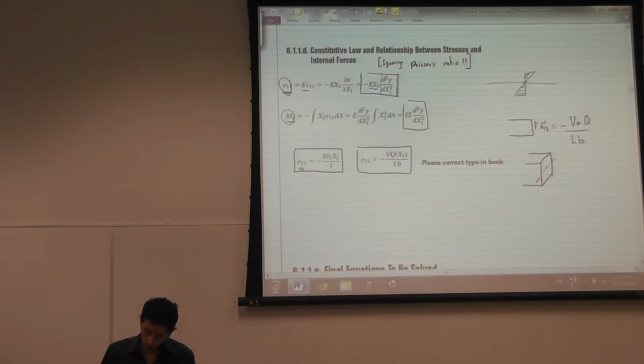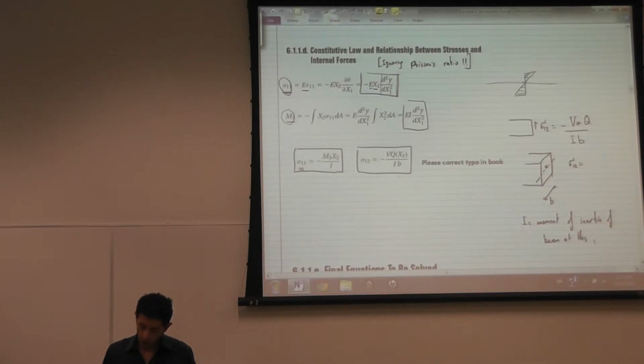So if I would like to calculate sigma 1, 2 at this point, this is B, and I is the moment of inertia of the cross section.